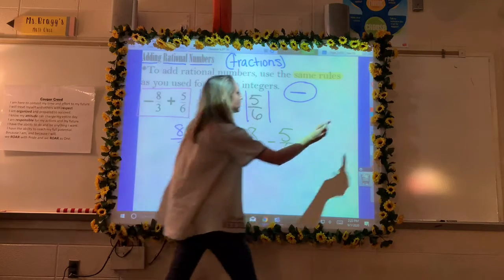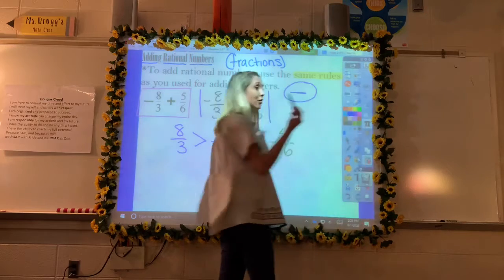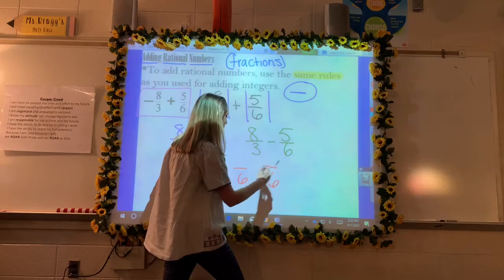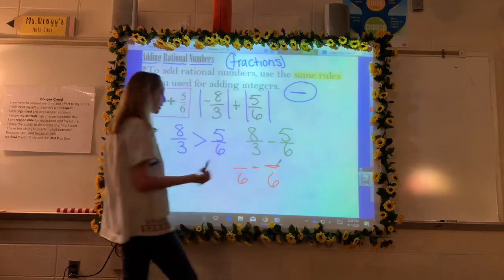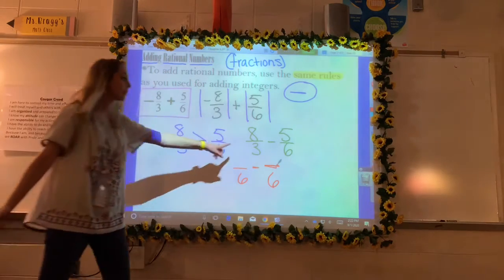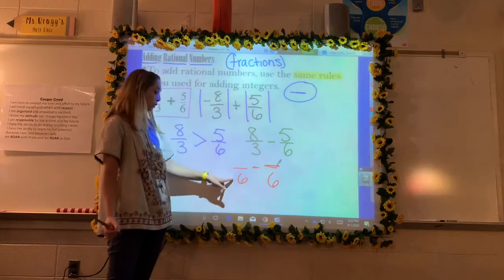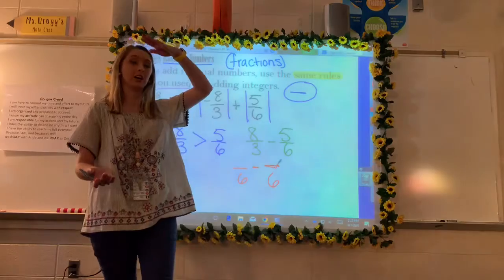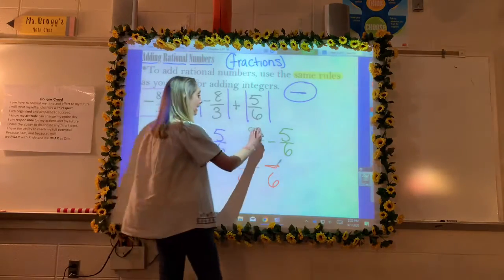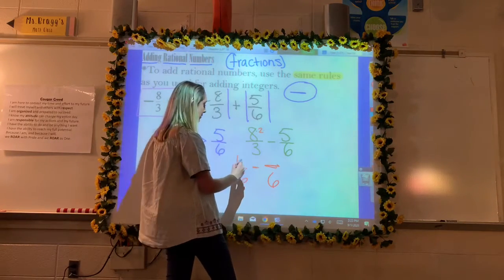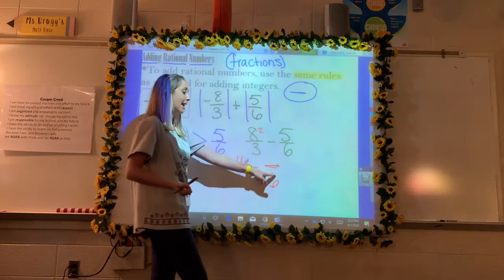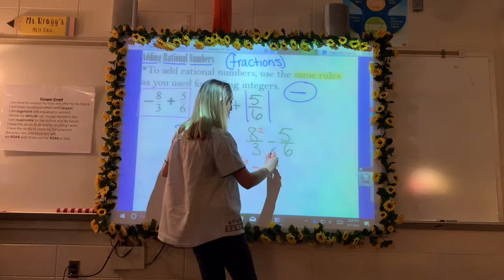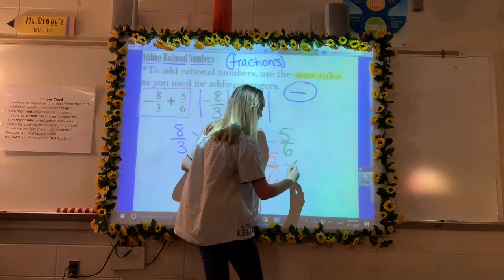So I'm going to change my color. Now we are looking at the red on both the bottoms. And the operation is going to be subtraction. Now, how do we get from 3 to 6? We multiply by 2. And whatever we do to the bottom, you have to do to the top. So we would do 8 times 2, which gives us 16. Now, this remains the same, so we don't have to touch this fraction. So this would just be 5/6.